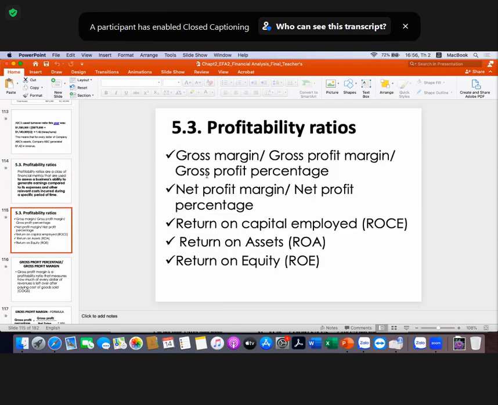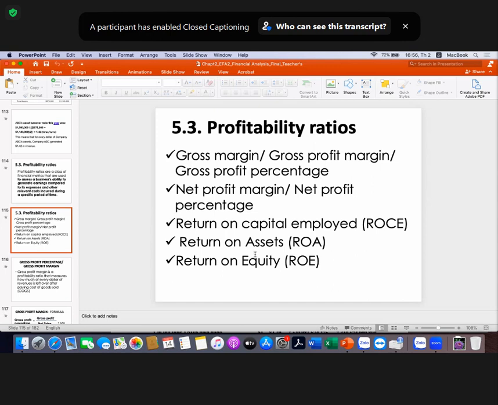So, profitability ratios measure profitability, and there are lots of them. They are gross margin or gross profit margin or gross profit percentage, net profit margin or net profit percentage, return on capital employed, return on assets, and return on equity.